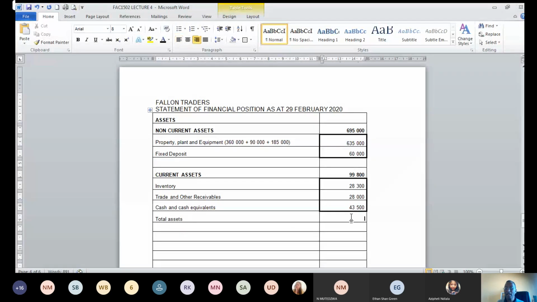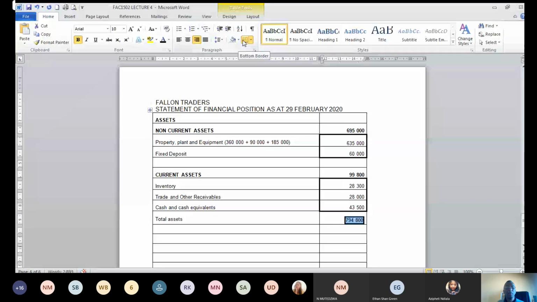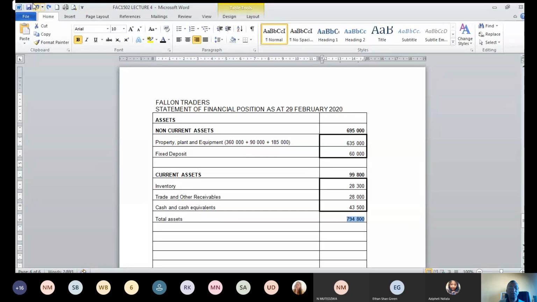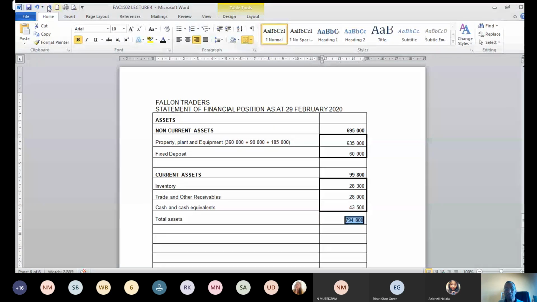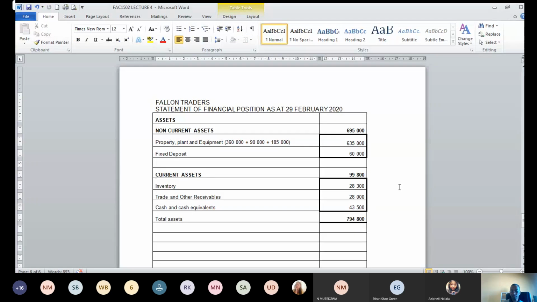And your total assets, if you add that now up, which is then also the solution to the top section, will be then the 695,000 plus the 99,800, and that will give you an amount of 794,800 Rand. 794,800 Rand, and that is the top part of your statement of financial position.